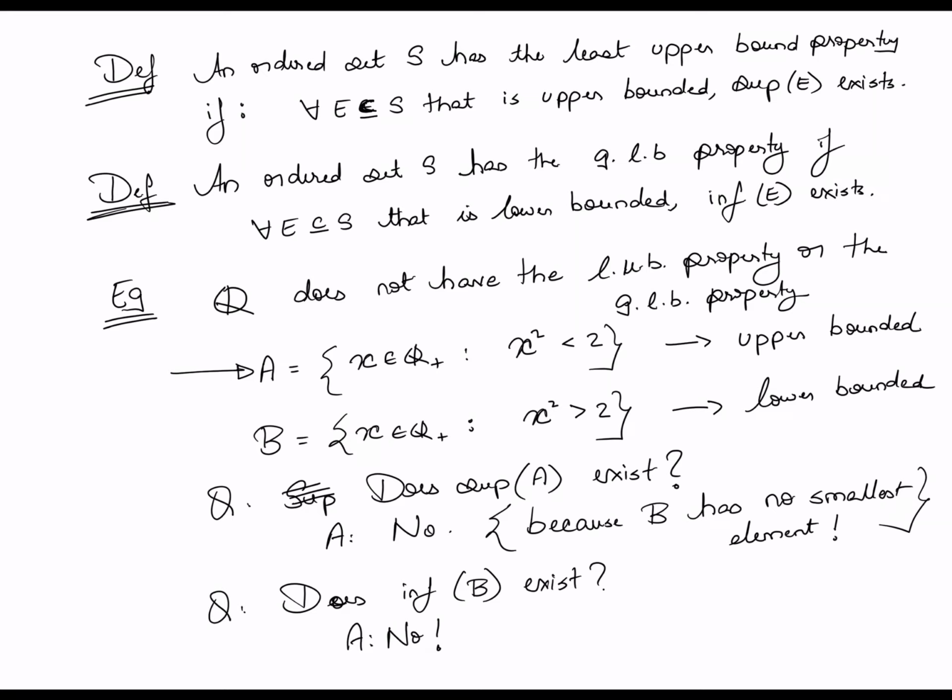Before we talk about the reals, let me just prove this statement to you. This is actually our only rigorous proof in this video. So the statement I'm trying to make is the following: let S be an ordered set satisfying the LUB property.